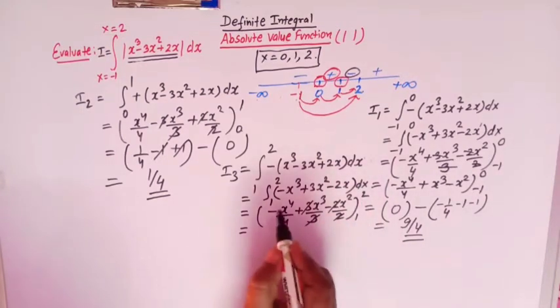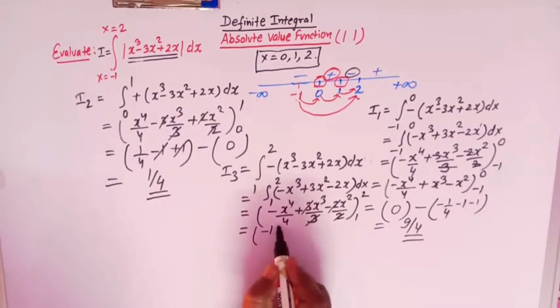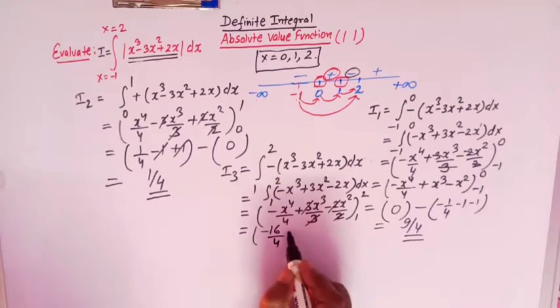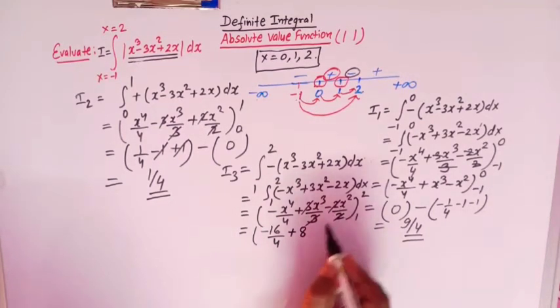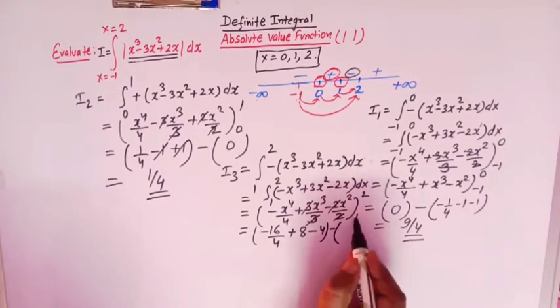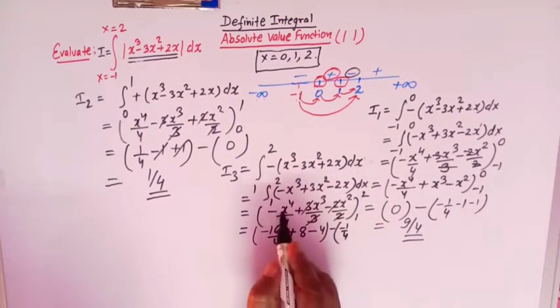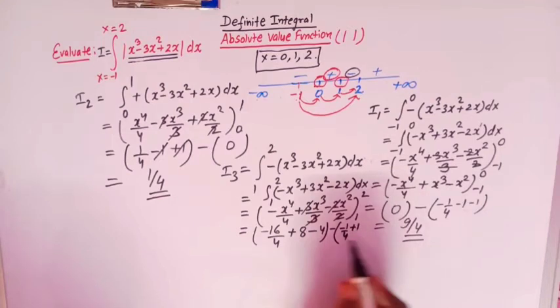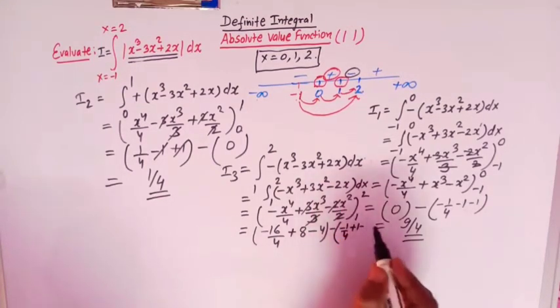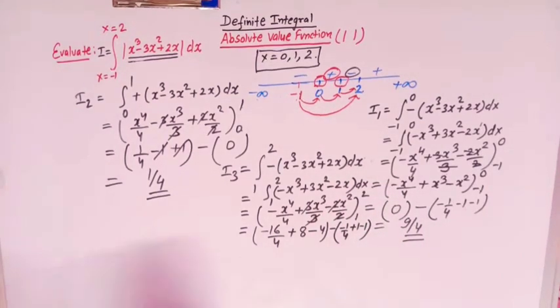And if we take x is equal to 2 here, then we have minus 2 raised to 4 is 16, so we have minus 16 over 4, and here we have 2 cube, that is 8, and here we have minus 2 square, that is 4. And when we have x equal to 1, we have minus 1 over 4. Here we have 1 cube, that is 1, and here we have 1 square, that is 1, right?